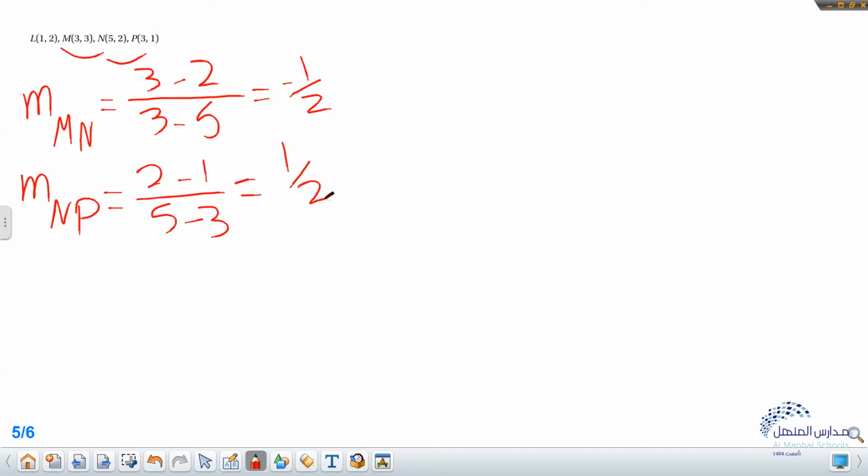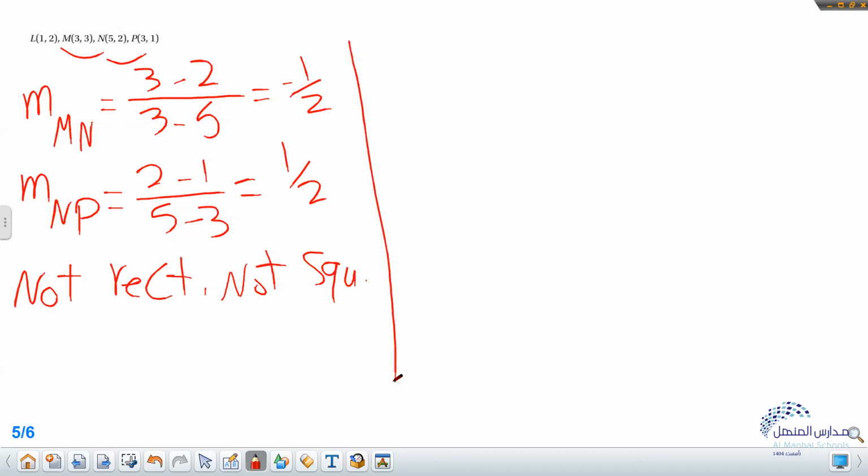Is the multiplication of them equal to negative 1? No. So no right angle. So this figure will be not a rectangle and not a square, but maybe a rhombus. How to check? Yes, find the slopes of the diagonals, the slope of LN and the slope of MP.